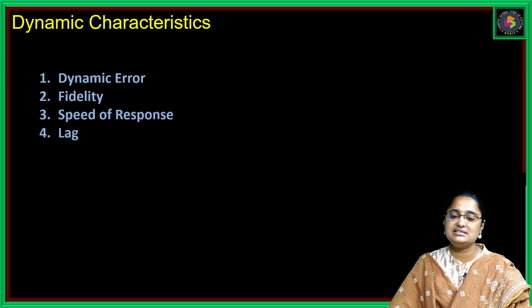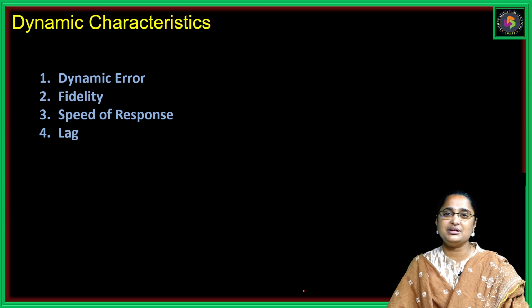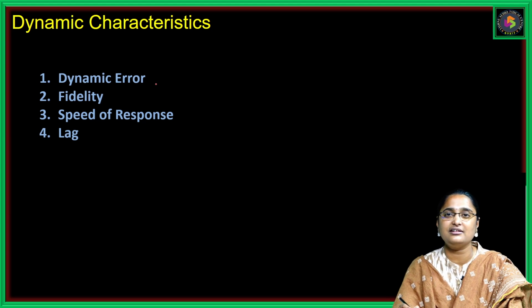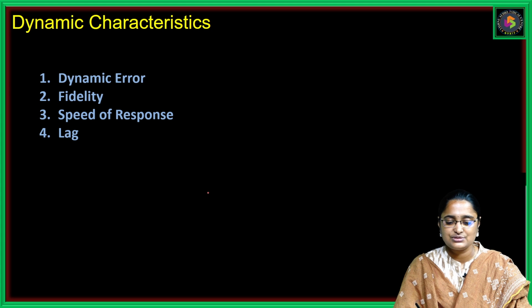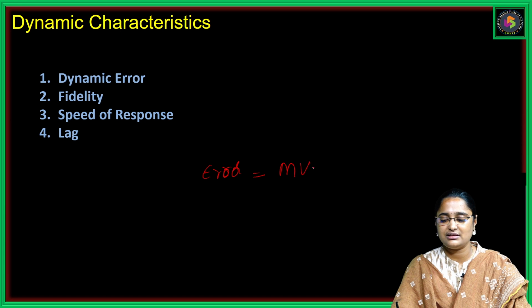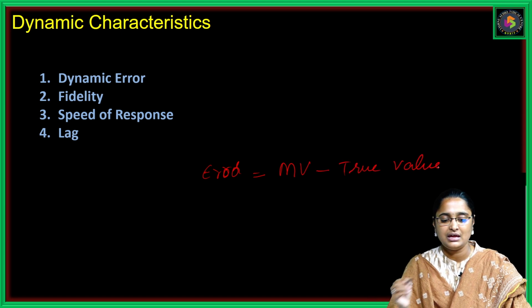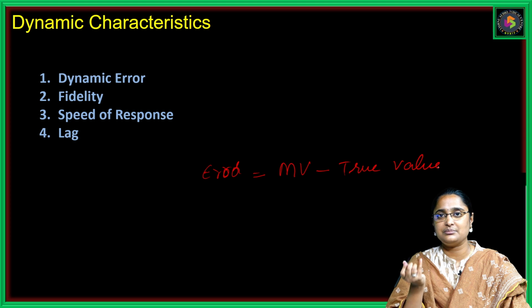Now we'll see dynamic characteristics. Under dynamic characteristics, we have dynamic error. We know that error is the measured value minus the true value.